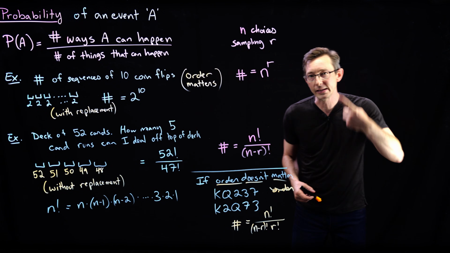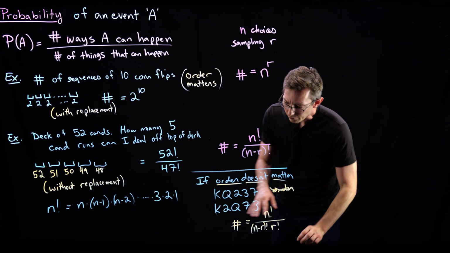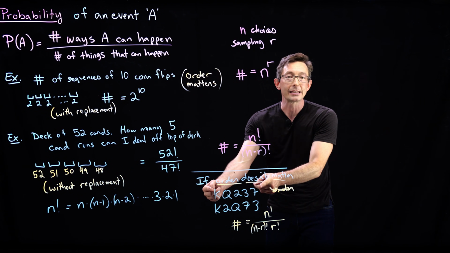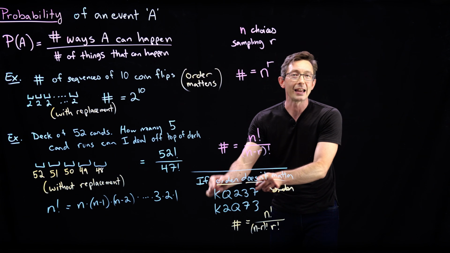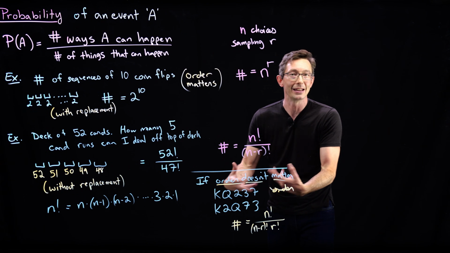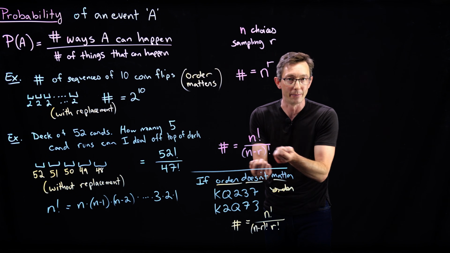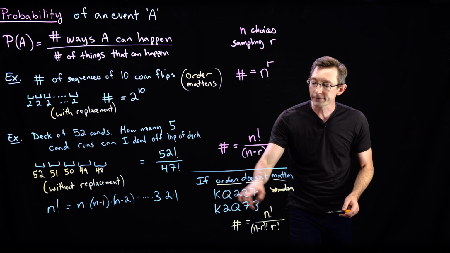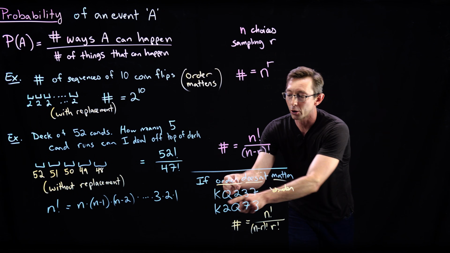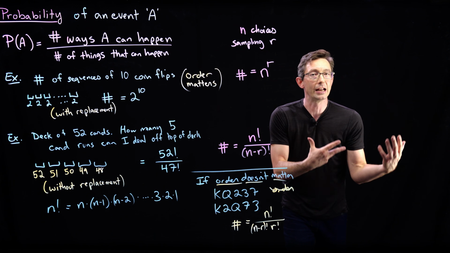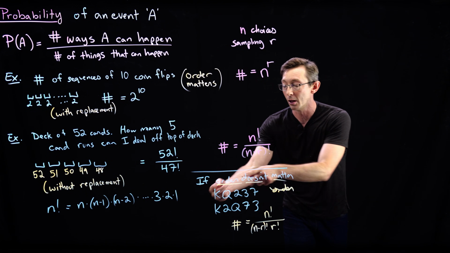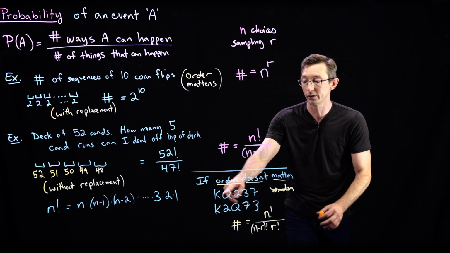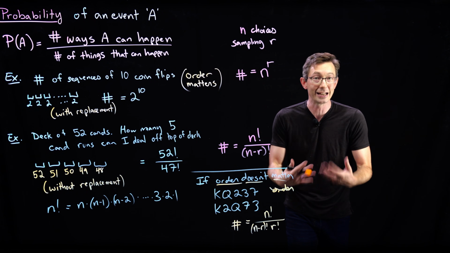And the way you can convince yourself of it is, I count all of these unique sequences to be equal if they have the exact same cards inside the sequence, if I can shuffle them and they're the same. And so there are r factorial ways of permuting. This is called permutation. There's r factorial permutations of these 5 cards. There are 5 factorial ways of permuting these 5 cards uniquely.